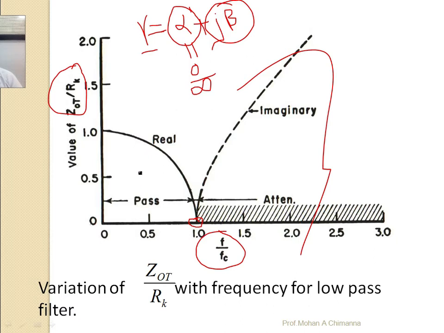Here is the pass band, where the real part occurs, with alpha. This real part goes on decreasing, where attenuation alpha is equal to 0. Once it comes to 0, the imaginary part starts increasing, the phase constant, and this is where the attenuation actually starts. Only the signal from 0 to 1 passes through, so the variation of Z0 upon RK with frequency for the low pass filter is represented here.